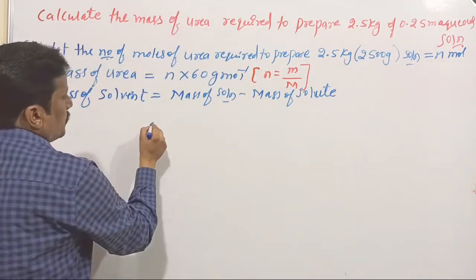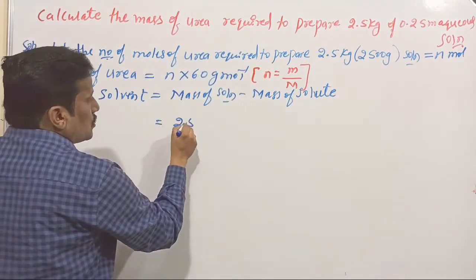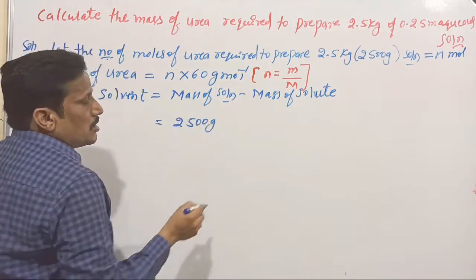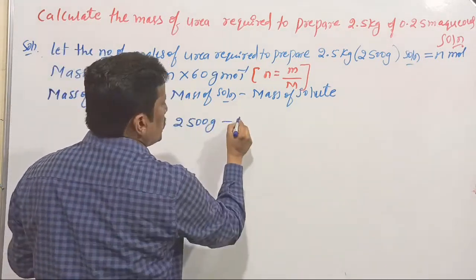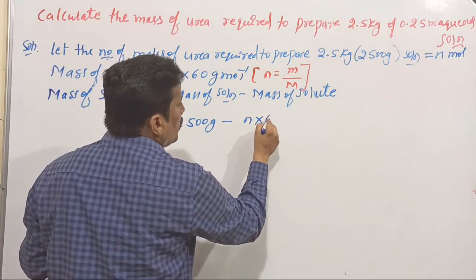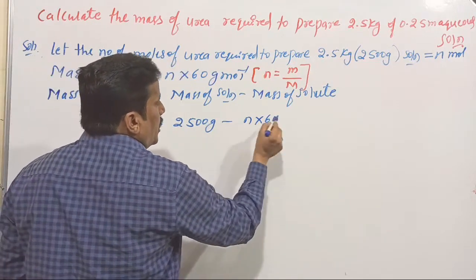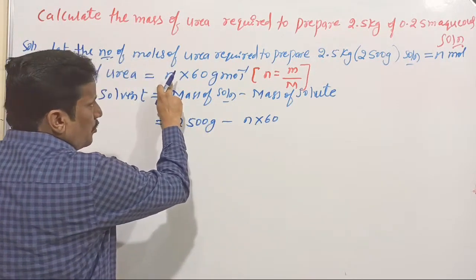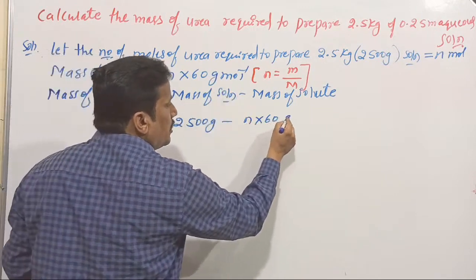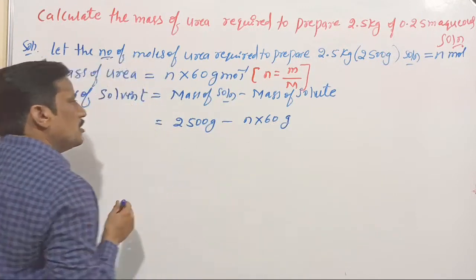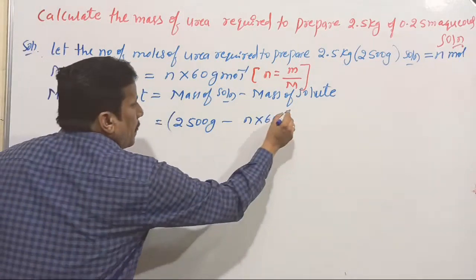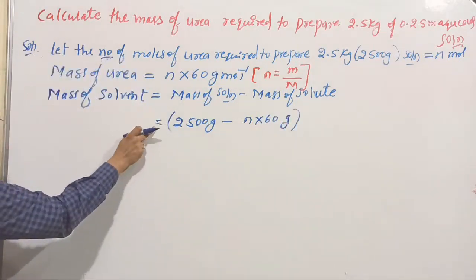That is, mass of solution is 2500 gram minus mass of the solute is n into 60. Okay, n into 60, mole per mole gets cancelled. This is mass of solvent.